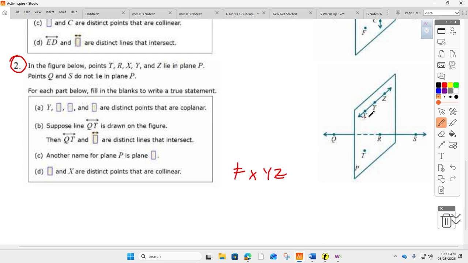It could be XYT, XYR, YZR, right? Any of those. So we're going to say YZR, and then the 2 points that are collinear with X. So it could be Y and X or Z and X. Does anybody have questions on problem 2?